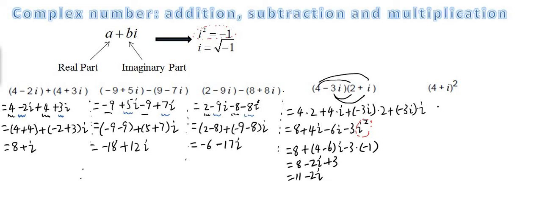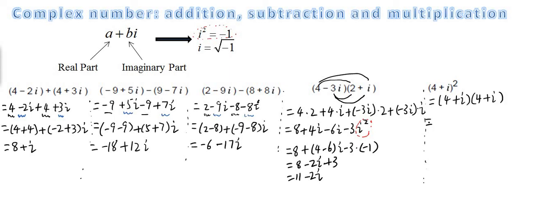Now let's take a look at the last example. We know 4 plus i squared can be written as 4 plus i times 4 plus i.